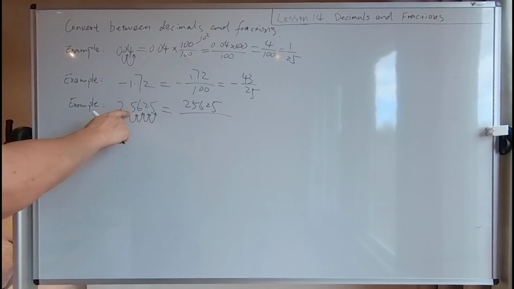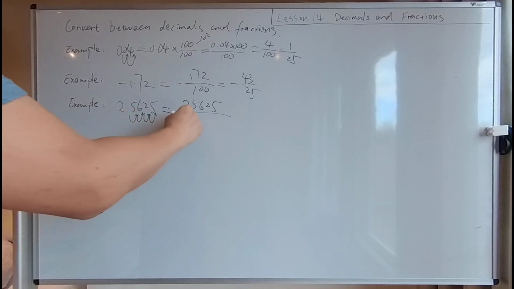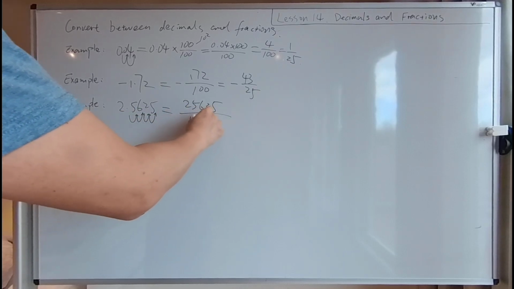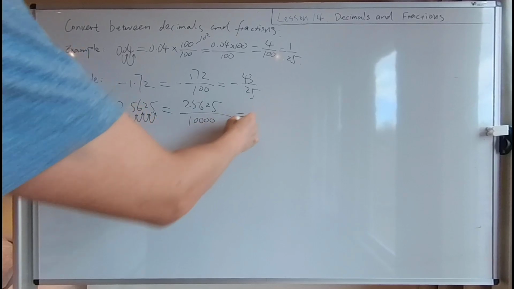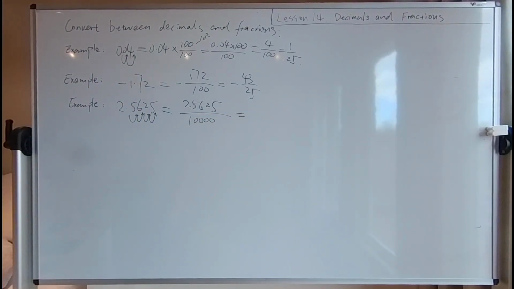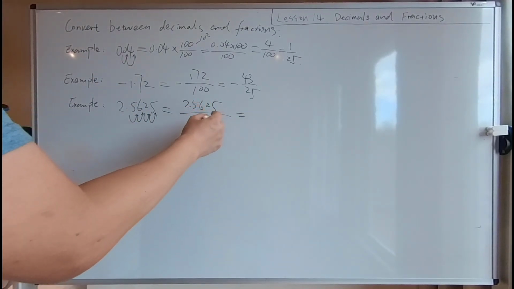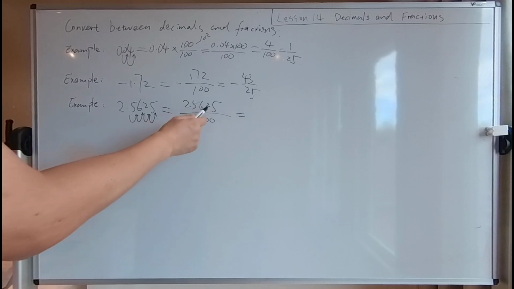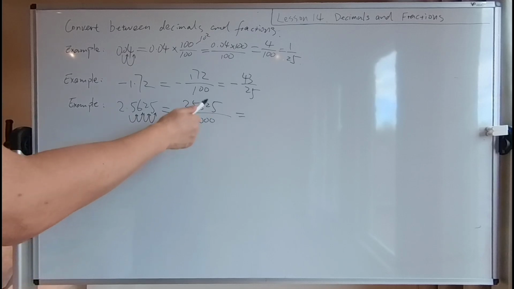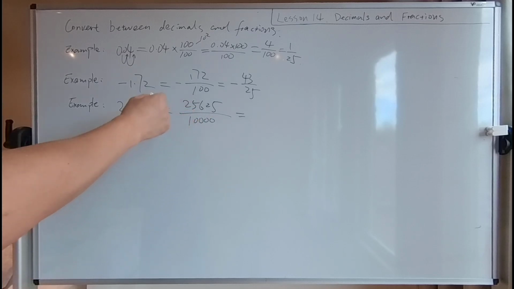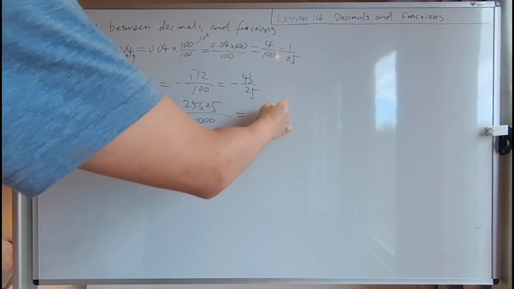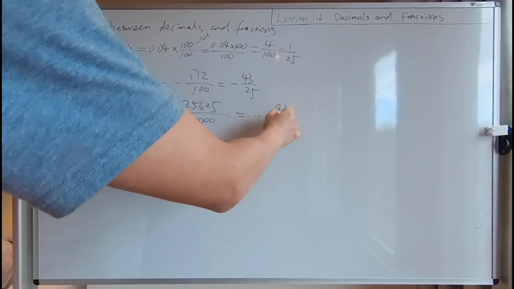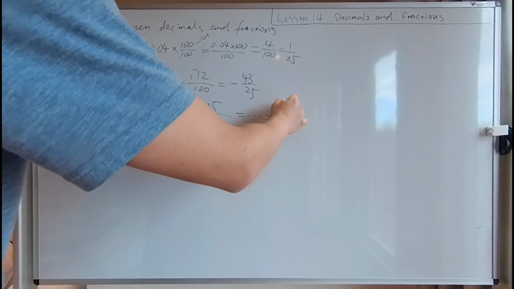This is equivalent to multiplying by 10 to the 4th power, or 4 zeros. That is 10,000. And then the same thing, you can further simplify this. I'm not going to show too many steps. To simplify, you can see obviously 5 is a factor, and if you keep dividing by 5, you'll see 25 is also a factor. So eventually you'll be able to simplify this into 41 over 16.